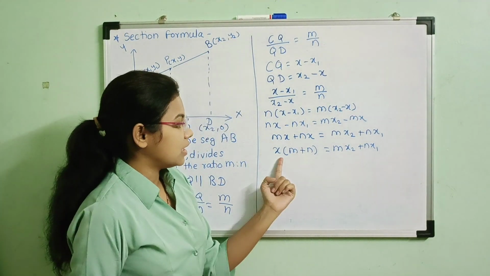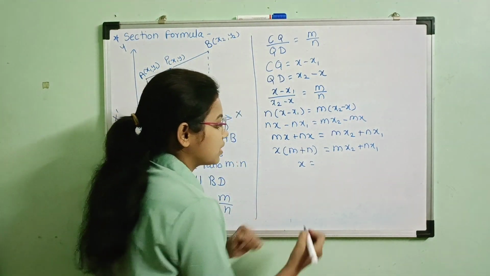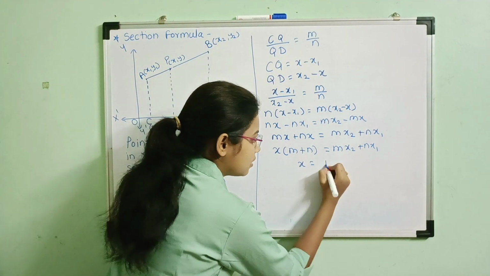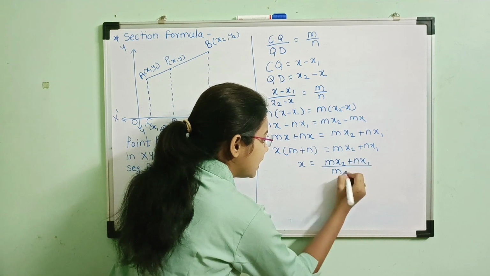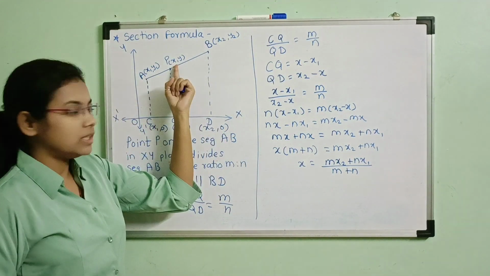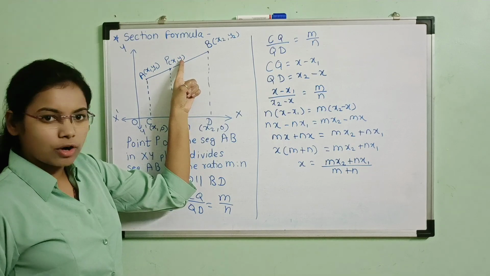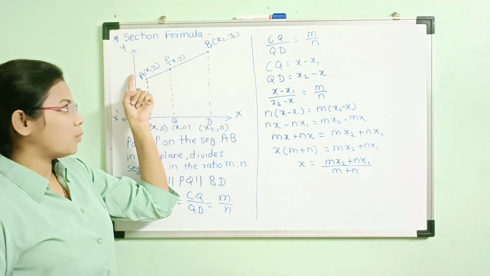The value of x has to be found out. Here it is multiplying, so it will go to the dividing position. Then what you will get is x equal to (mx2 plus nx1) divided by (m plus n). This is the value of the x coordinate of the point P, right? Now if you want to find out the value of the y coordinate, just drop a perpendicular from A and B to the y axis.